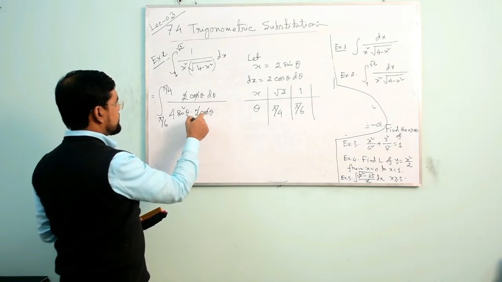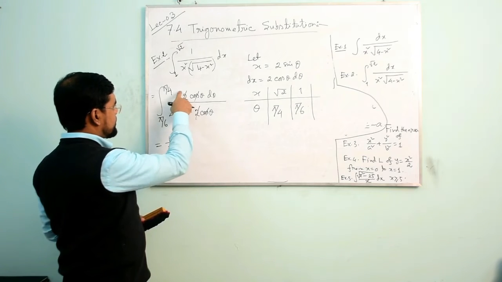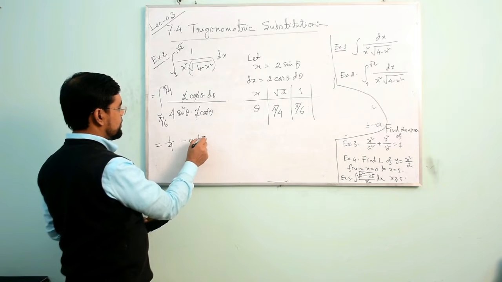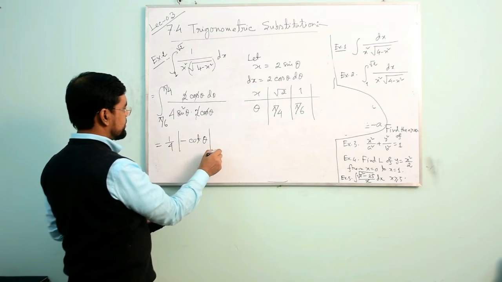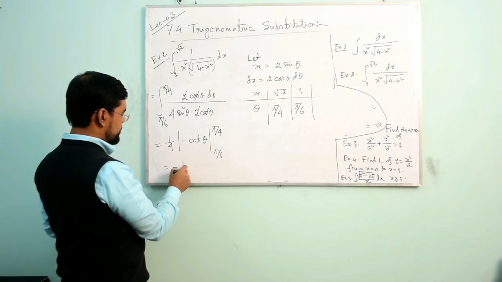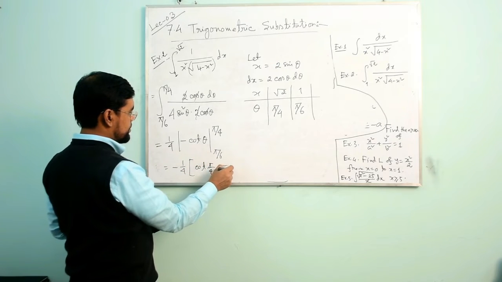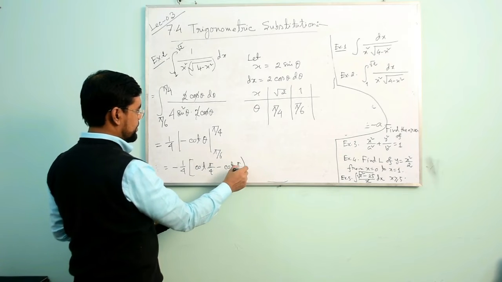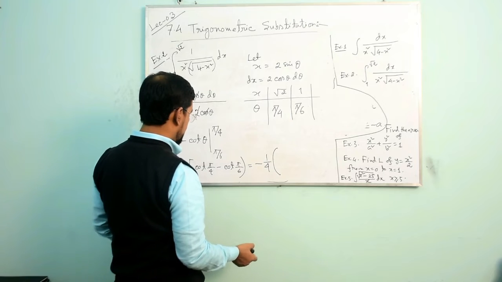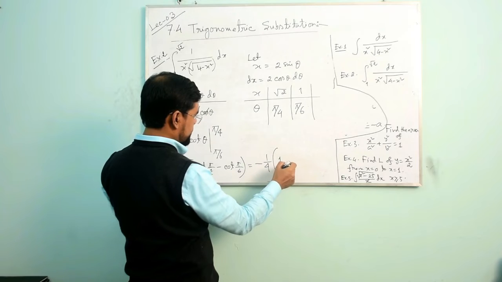So you can cancel these things, which is equal 1 by 4 integration of 1 by sin square means cosec square, which is equal minus cot theta from pi by 6 to pi by 4, which is equal minus 1 by 4 cot pi by 4 minus cot pi by 6, which is equal minus 1 by 4, and cot pi by 4 equal 1, cot pi by 6 equal root 3.